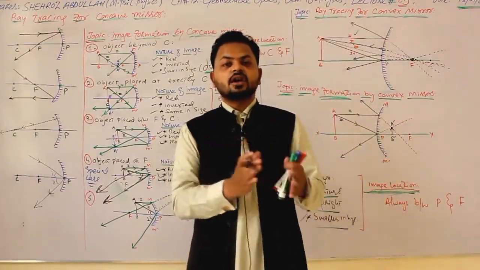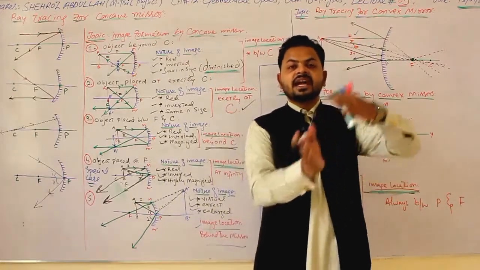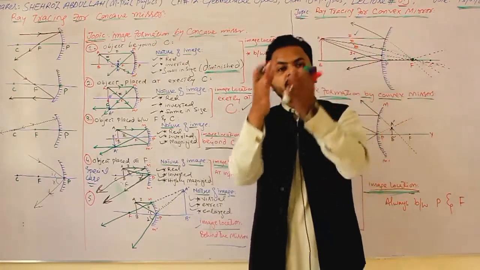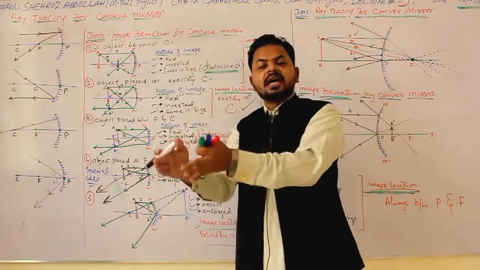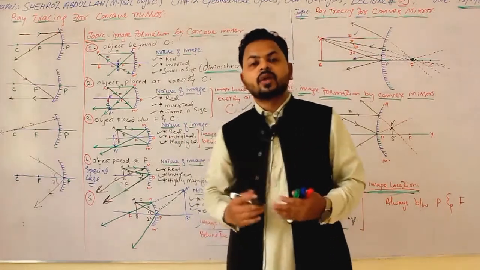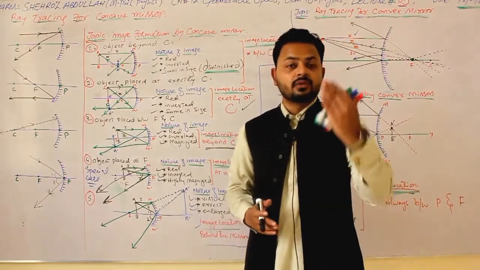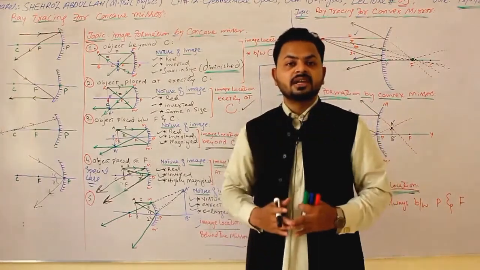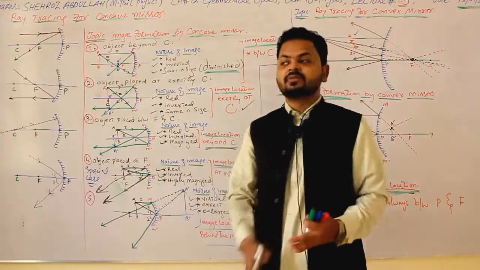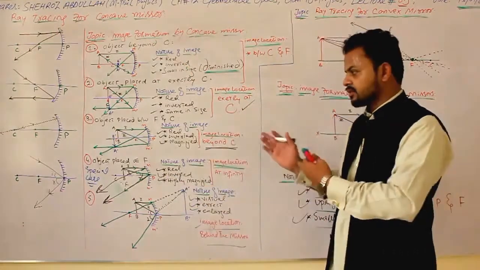We were placing the object at different locations, for example beyond C, at C, between C and F, at F, and between F and P, and we were observing where the images are going to form, what will be the nature of the image, and what will be the image formation location. We have discussed all these things in detail. You can see it over here.